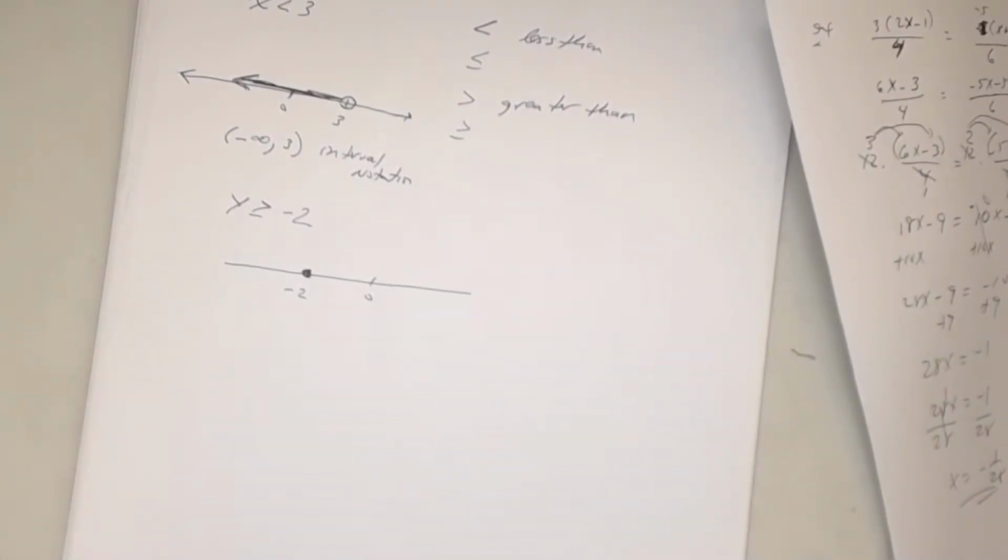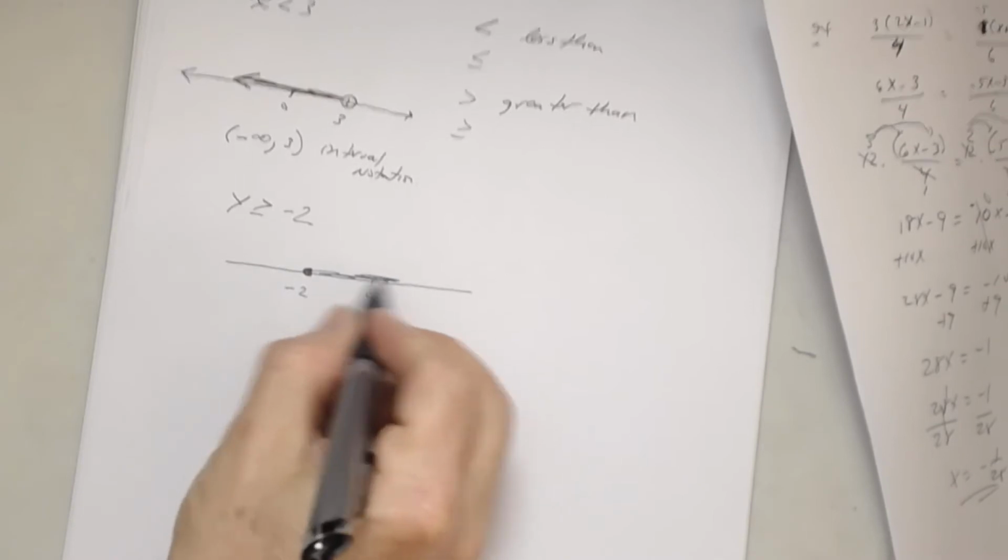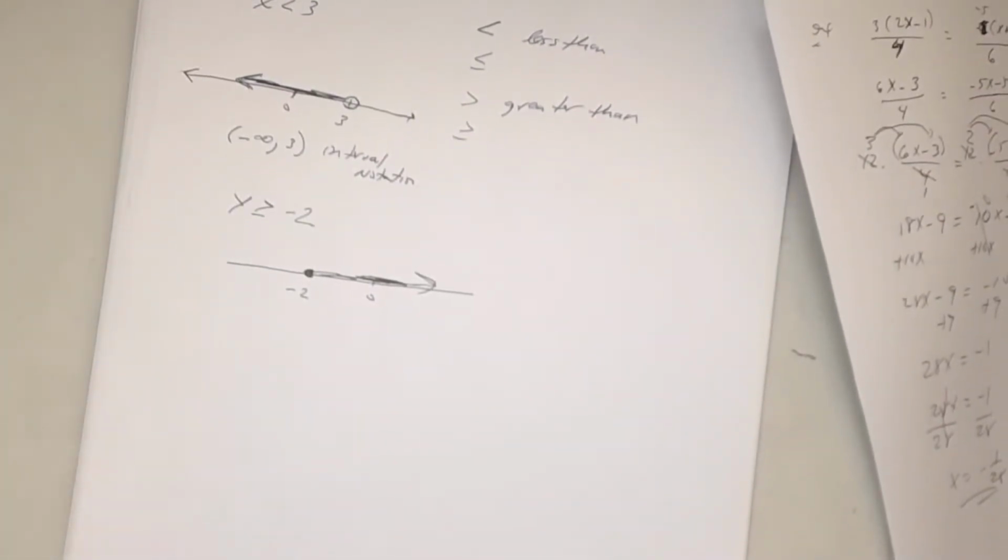And I want to shade in every number that's bigger than or equal to negative 2. So that means which way? To the right. So you do something like this. Make sure I can tell; there's some of you that like to write light, and I can't tell what your solution is. I'm going to assume it's incorrect, okay?